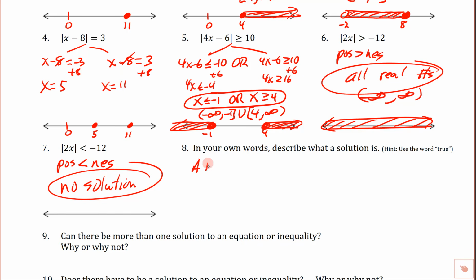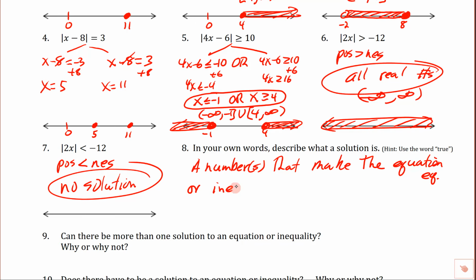Well, it is a number or numbers that make the equation, and sometimes I'll abbreviate that with just EQ, make the equation or inequality, and sometimes I'll write NEQ as an abbreviation for that. So it makes the equation or the inequality true.